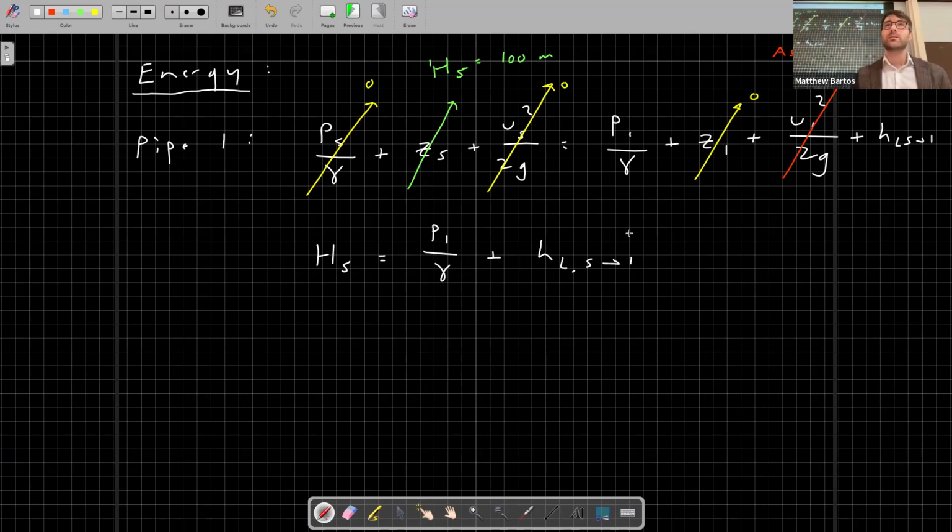So I said that we're going to use the Hazen-Williams equation for the head loss. Just like last time, I'm going to try to do this from memory, and if I'm wrong, let me know.